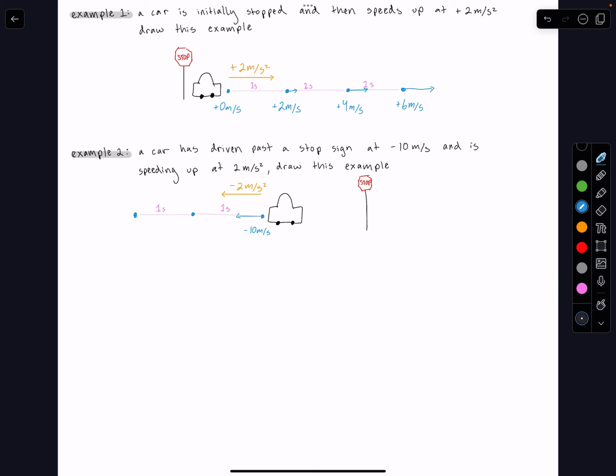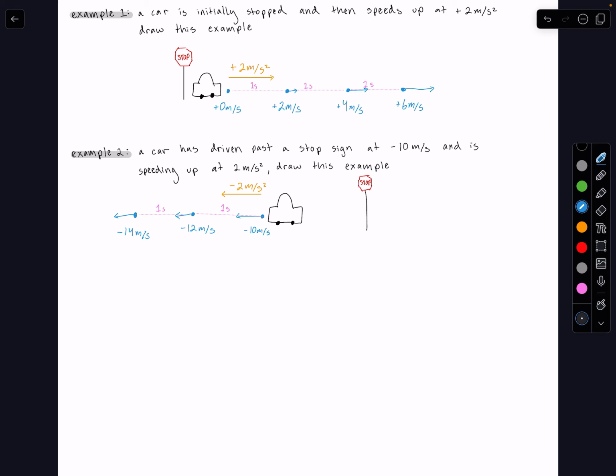And so it starts out at negative 10 meters per second, but because it's speeding up in the same direction, it's speeding up by 2 meters per second. So after 1 second, it's now at negative 12 meters per second. And then after 2 seconds, it's at negative 14 meters per second. So it's speeding up. So let's draw these arrows in this direction. Great. So I hope that gives you a good intuitive understanding.